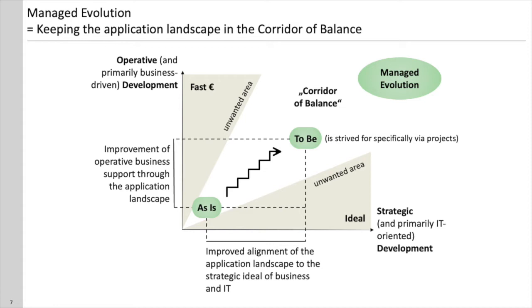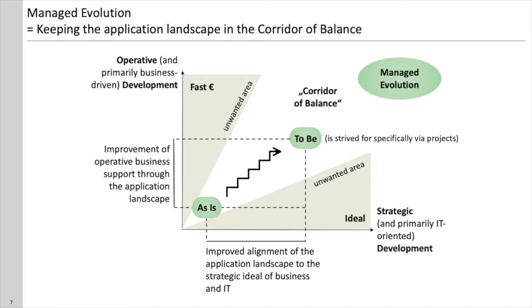So you see on the y-axis up there the fast euro, the operative and primarily business-driven development, where starting in our as-is situation that you see down here, we of course have to improve operative business support through the application landscape. We have to fulfill the requirements of the business.